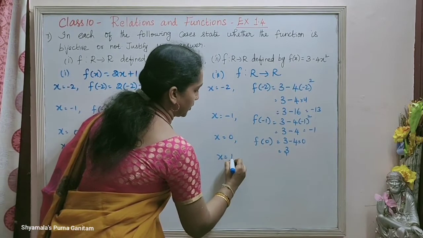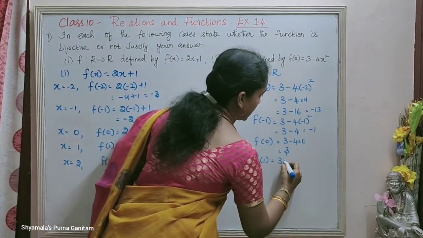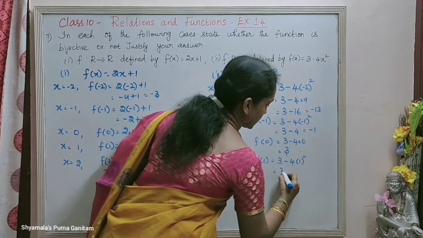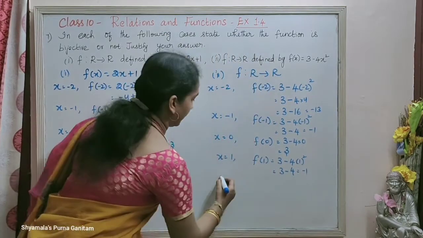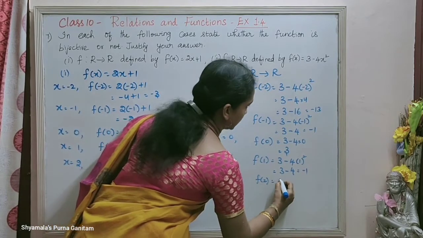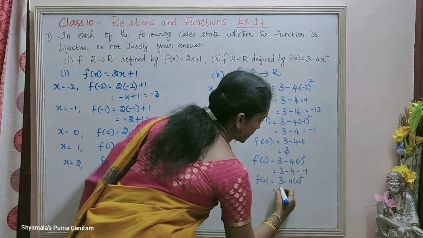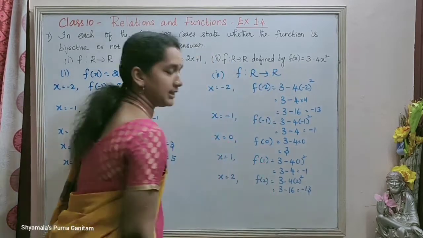Then if x is equal to 1, f of 1 is equal to 3 minus 4 into 1 the whole square, so this is 3 minus 4, the value is minus 1. Then x is equal to 2, f of 2 is equal to 3 minus 4 into 2 the whole square, so this is 3 minus 16, that is equal to minus 13.